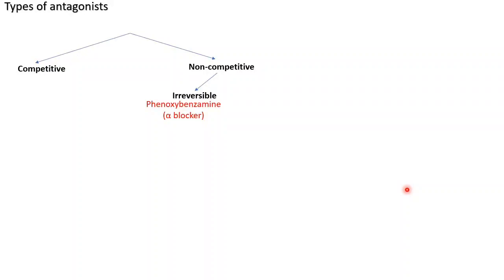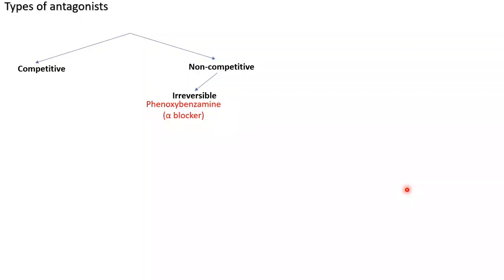So increasing the concentration of norepinephrine, which is the agonist of alpha receptor, wouldn't displace this phenoxybenzamine. And alpha receptor is functional again when the body synthesizes new receptor.